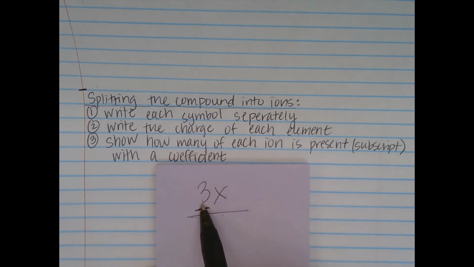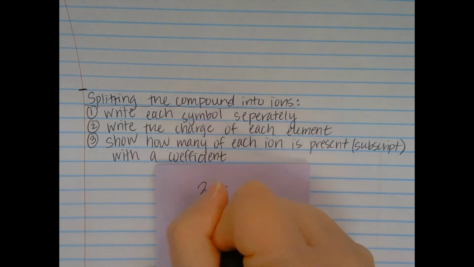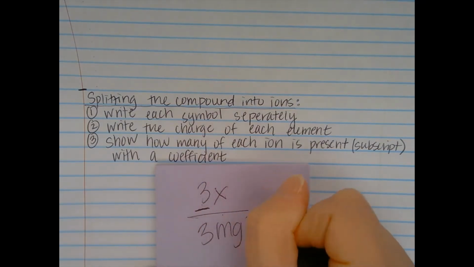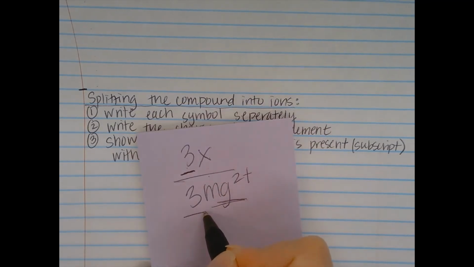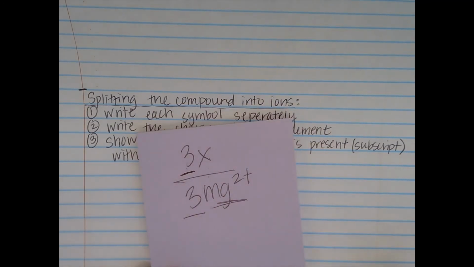So the 3 is the coefficient telling us how many x's there are. What if I said 3 Mg2 plus? How many Mg2 pluses are there? 3. So this coefficient tells us how many there are. And this number comes from the subscript. Because in the formula, isn't it the subscript that tells us how many there are? So it's the same idea. We're just pulling that out as a coefficient.